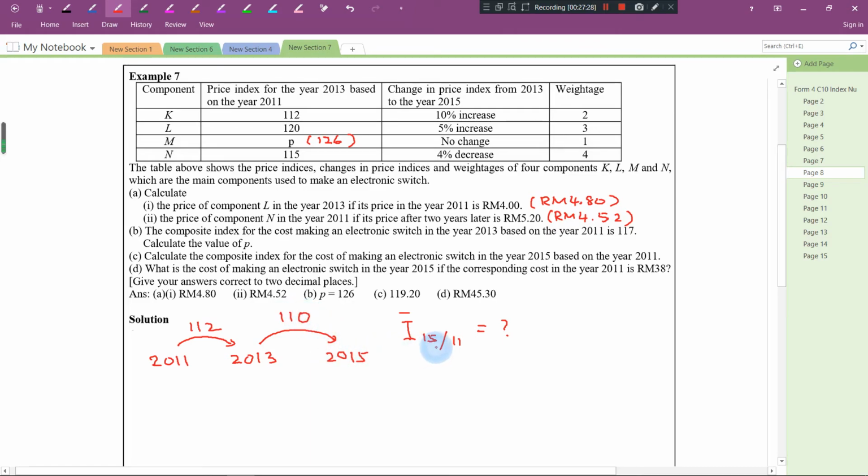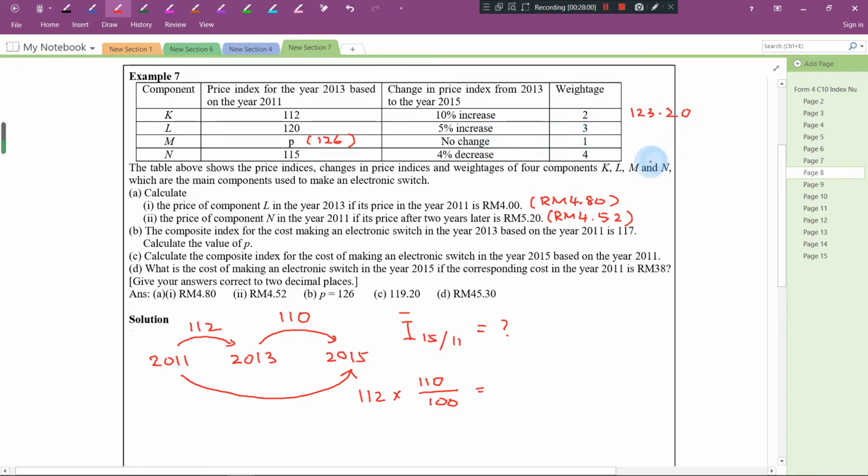Now since we are looking for this index number, still remember how we get it? Very easy. We take 112 times 110 divided by 100. You will get 123.20.